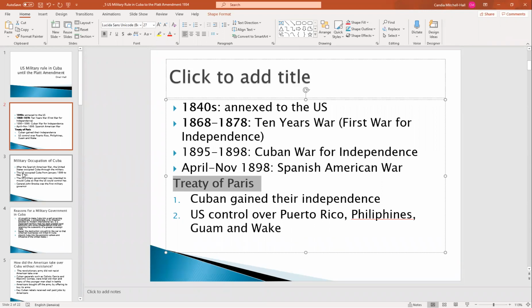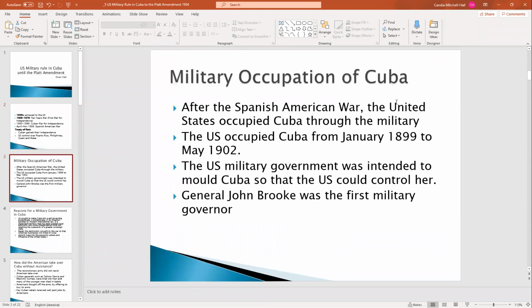And so after the Spanish-American War, the United States occupied Cuba through the military. They sent the military into Cuba, and they occupied Cuba between 1899 and May 1902.